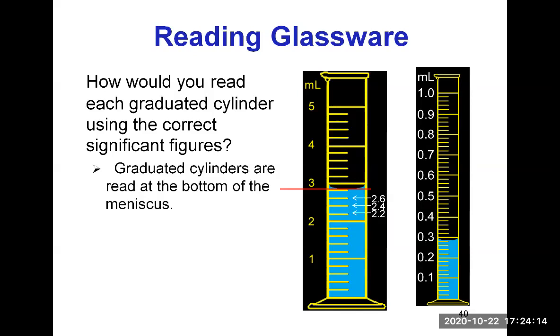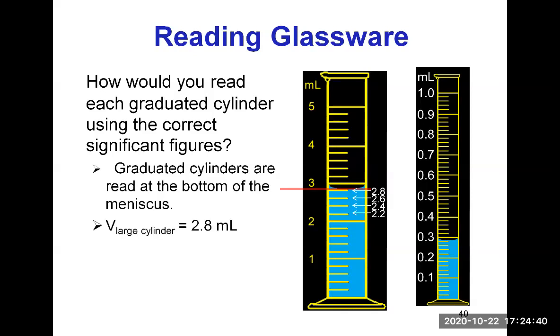And the line just below the red line is 2.8. And so with this graduated cylinder, you can only estimate to the 0.1 milliliter. Here you could estimate that it's between 2.8 and 3, and so you would say 2.9. But here it's much closer to 2.8, so you will stay there at 2.8.